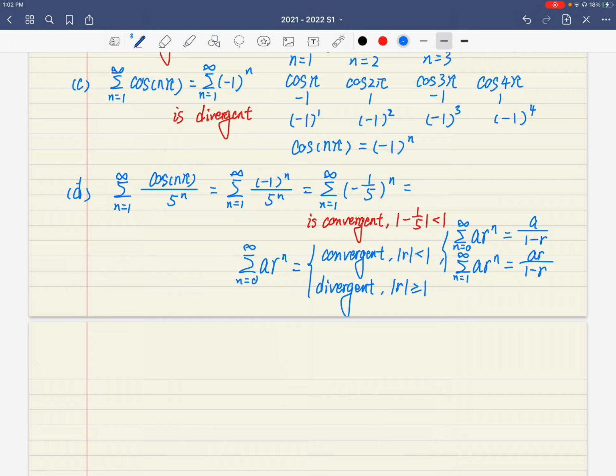Then what is the result? It is from 1 to infinity, so we need to do a times r over 1 minus r. So it is -1/6.